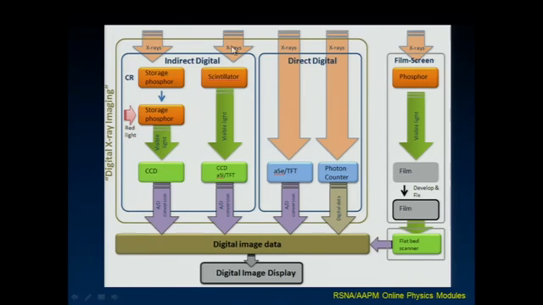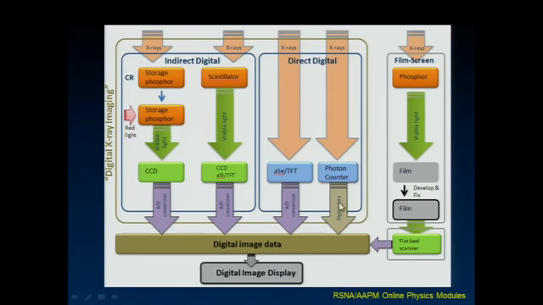That high energy X-ray light is converted to this visible light that's read then by an amorphous silicon or thin film transistor array CCD camera. We're going to talk a little bit about direct digital, where now these X-rays directly interact with an amorphous selenium detector, higher Z than silicon, with a thin film transistor array.